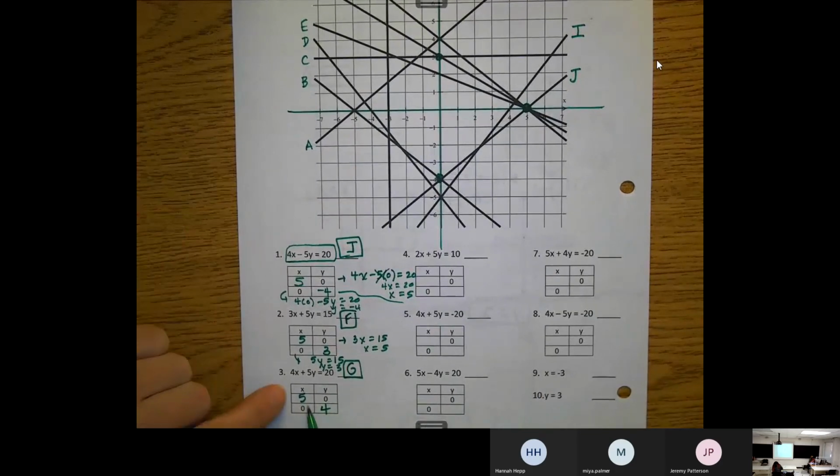Number 3 had an x-intercept of 5 and a y-intercept of 4. G looks like a perfect match for that one.